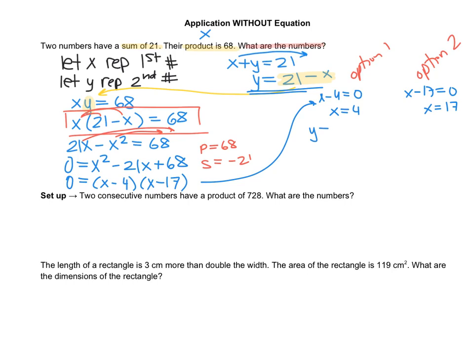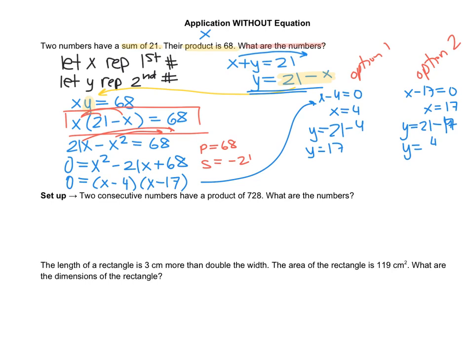So y equals 21 minus 4, which is 17. And in option 2, y equals 21 minus 17, which is 4. So in this scenario, they are actually the same option, but you still have to test it out.